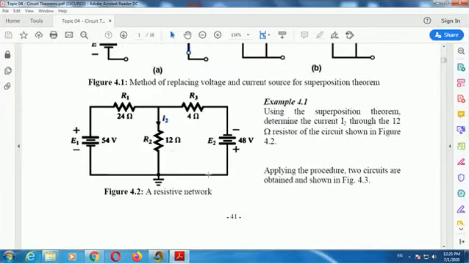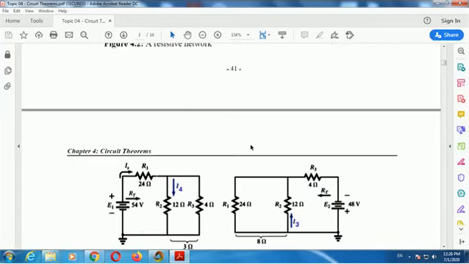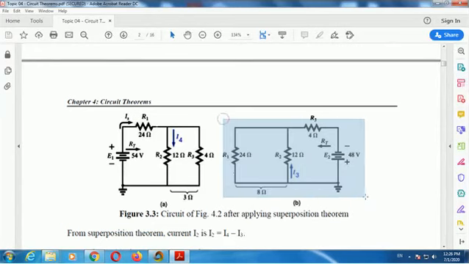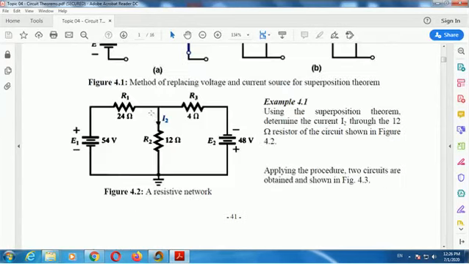Next, we consider the 48 volt source and short the 54 volt source, and then we get this circuit. For these two circuits, we find the component of I2.